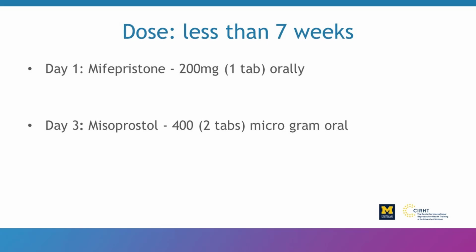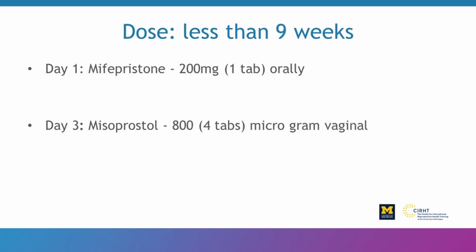If the gestational age is less than 7 weeks, you can give Mifepristone PO on day 1, and on the 3rd day you can give Misoprostol 400 micrograms. This is 2 tablets, and you can give it orally. This is for those with gestational age less than 7 weeks.